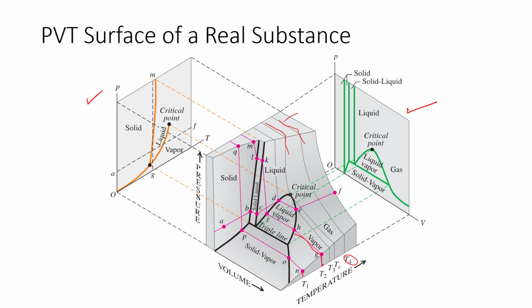If you take a section along this line, you get this kind of PT diagram. Likewise, if you take a section along this plane, then you get this diagram.